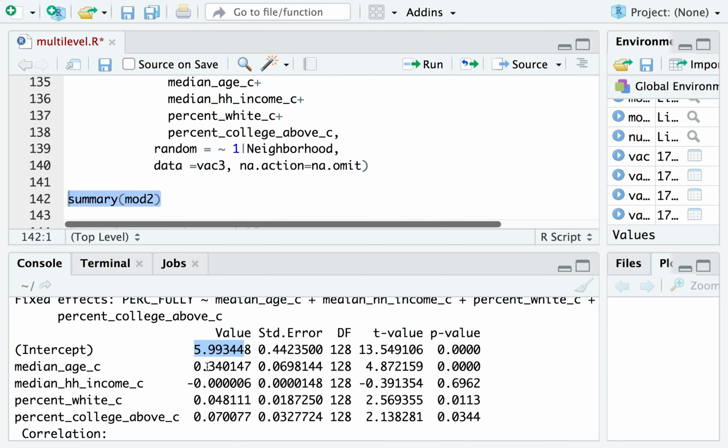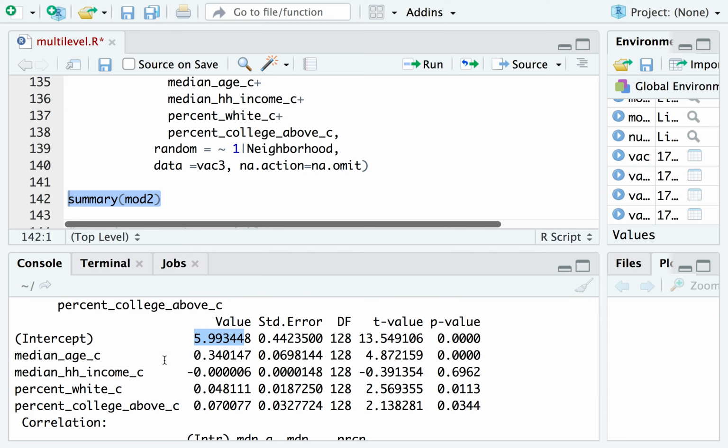And we can interpret the slopes of the independent variables, for example, right here, median age. The median age has a positive impact of 0.34 for every 1 year increase in median age for a specific zip code over the group mean for that zip code.